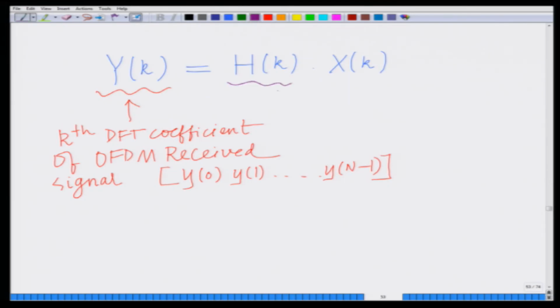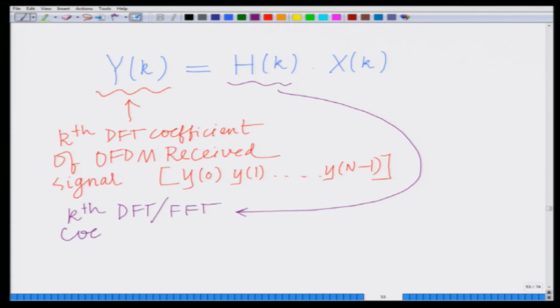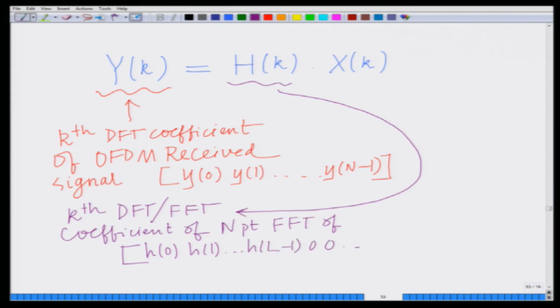Now, Hk is the kth DFT or FFT coefficient of the n point FFT of the channel coefficients. Because h is of length L, I have to zero pad it: h of 0, h of 1, up to h of L minus 1, and then obviously n minus L zeros.